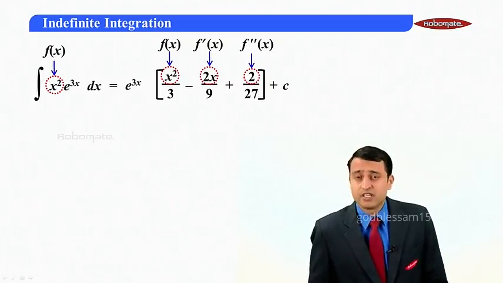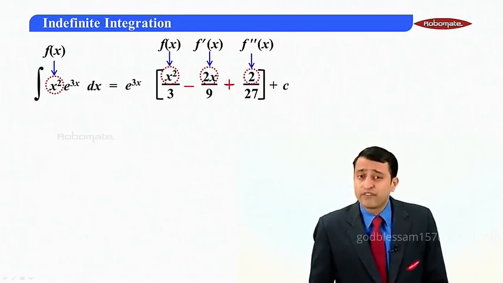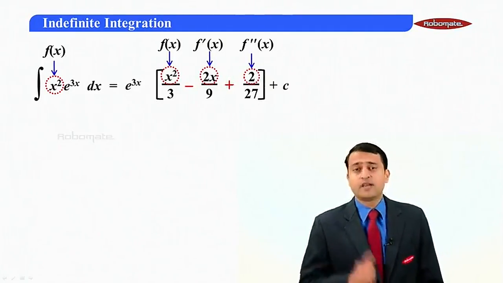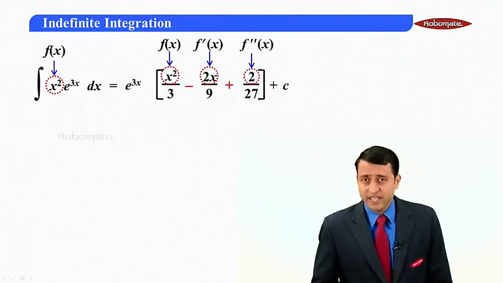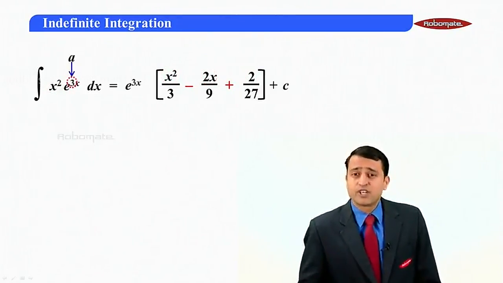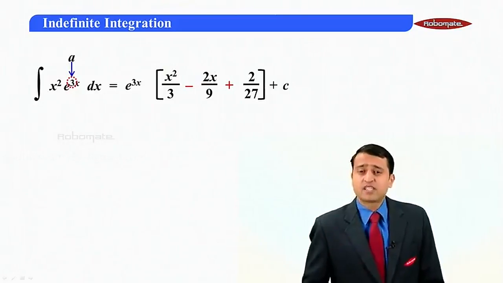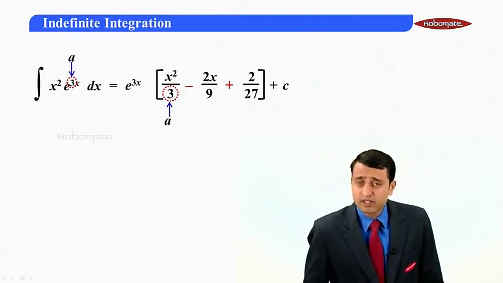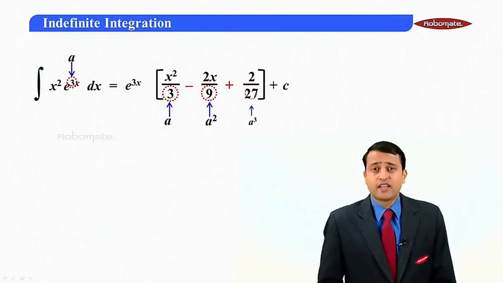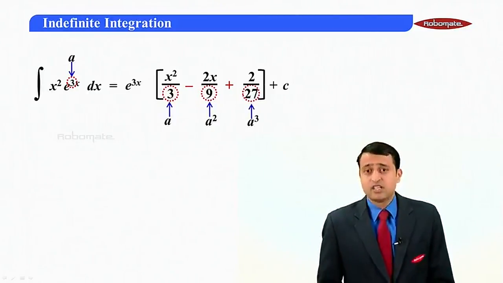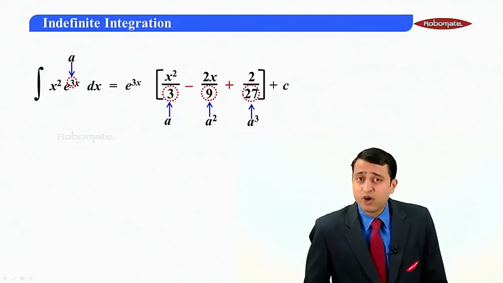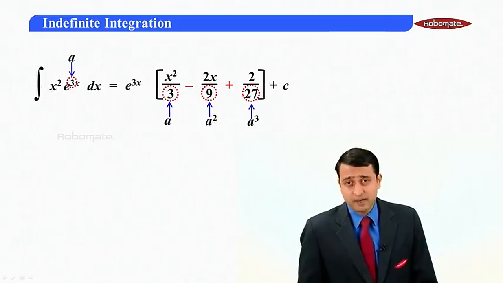Therefore you don't see it. Likewise, if I consider the coefficient of x to be a, what I observe is that the answer has a in the denominator for the first term, then a square, and then a cube. Correct? Also, the terms have alternate plus and minus signs.